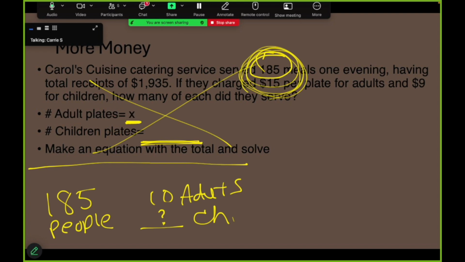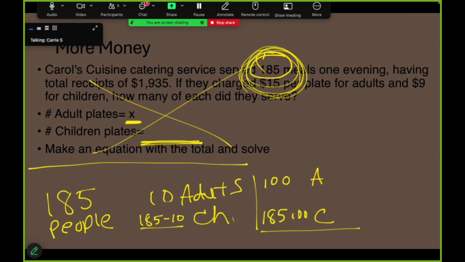How do I figure that out? 175? Yes. Good job. I just take 185 minus the 10, right? What if I had 100 adults? 85. How many children would there be? 85? Yes, because I take 185 minus the 100.